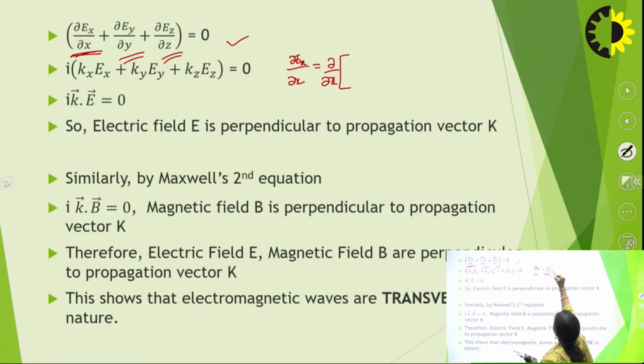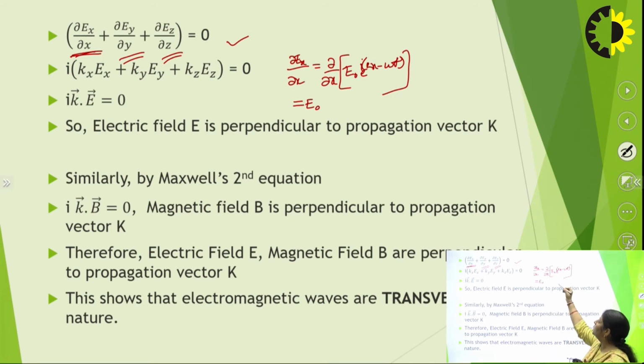So E0 e to the power i(kx·x minus ωt). This is now written like this. Now we will differentiate. What will happen? E0 will be as it is, because ∂/∂x cannot be applied on E0. So ∂/∂x will be applied here.